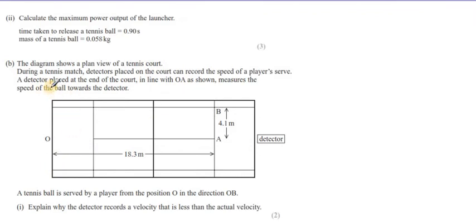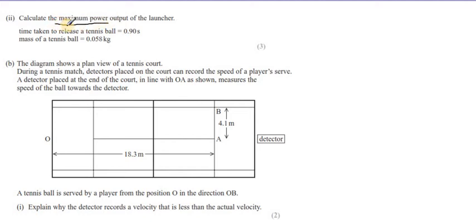B. Calculate the maximum power output of the launcher. Time taken to release a tennis ball is 0.9 second, and the mass of the tennis ball is 0.058 kilogram. So you need to calculate maximum power.